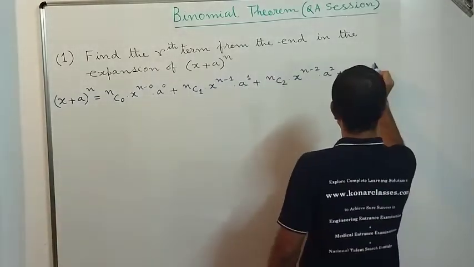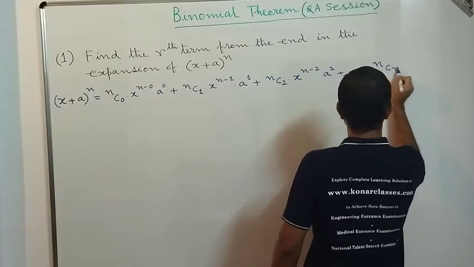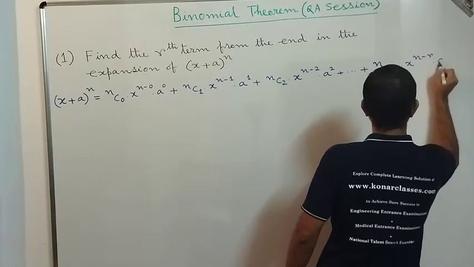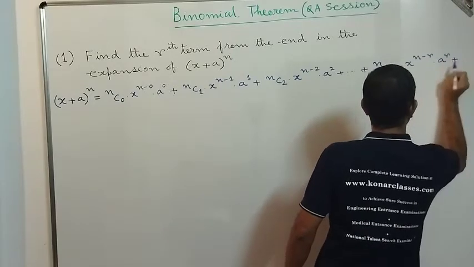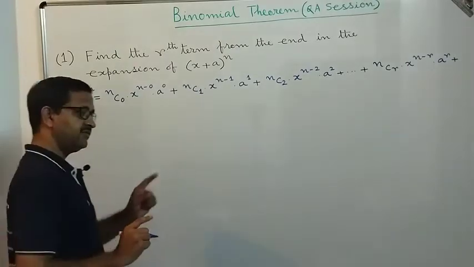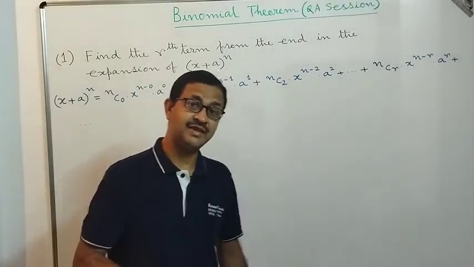As we are aware of, it is nCr into x to the power n minus r into a to the power r, plus it will continue again, and then you will get the last term, that is n plus 1th term from the beginning.